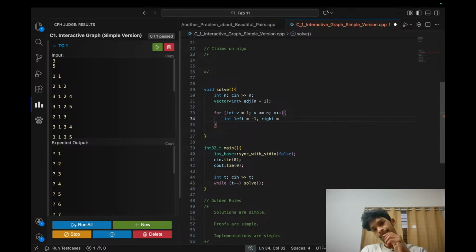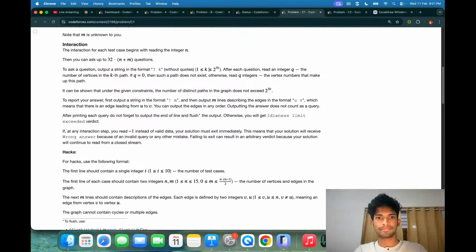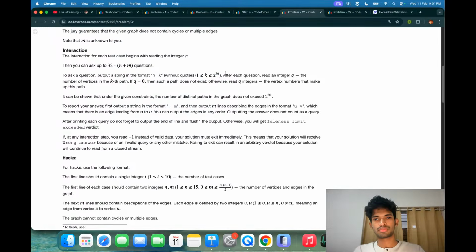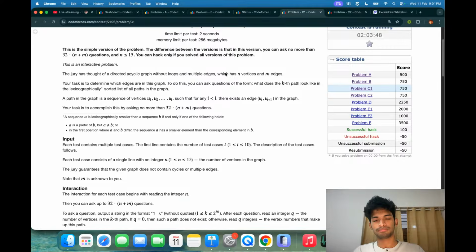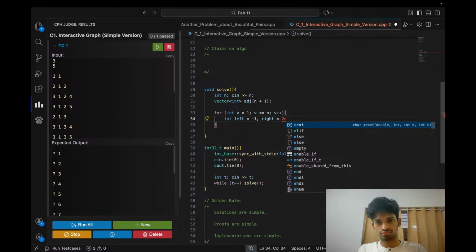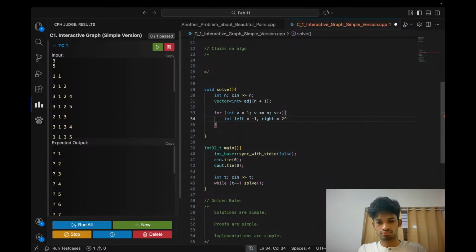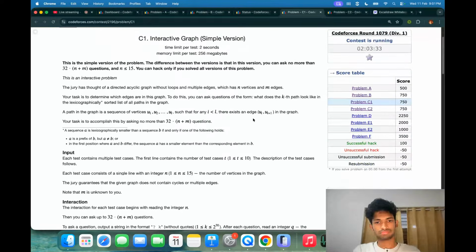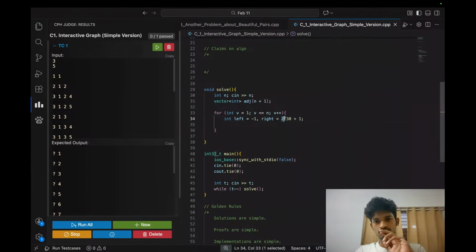Okay. QE30 is the maximum worst case for both the problems.